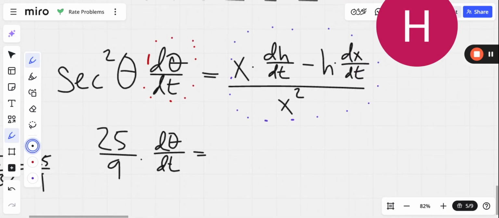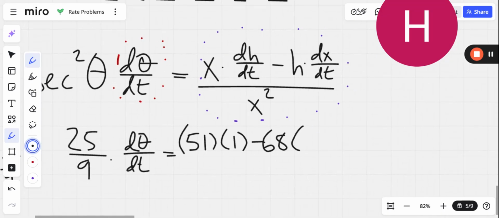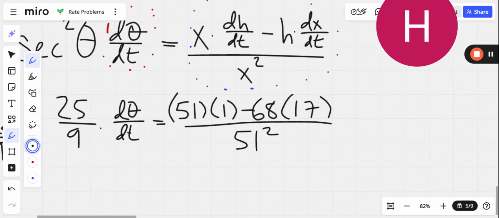Okay, so we can plug in our information now to say that 25 over 9 times d theta dt is equal to, let's just plug our stuff in, x times dh dt minus h. At that moment, it's 68, right? 3 seconds later, it's gone from a height of 65 feet in the air to 68 feet in the air. And then times 17 all over 51 squared.